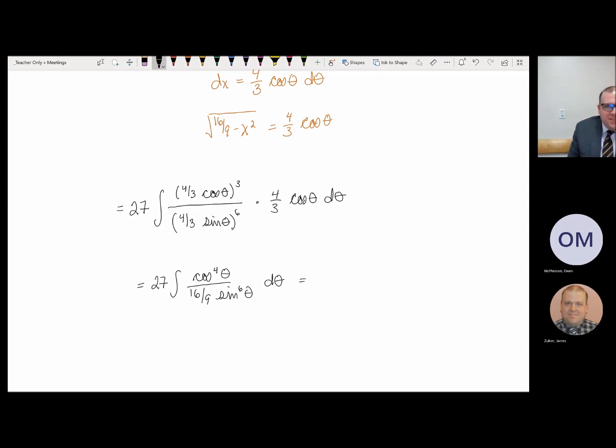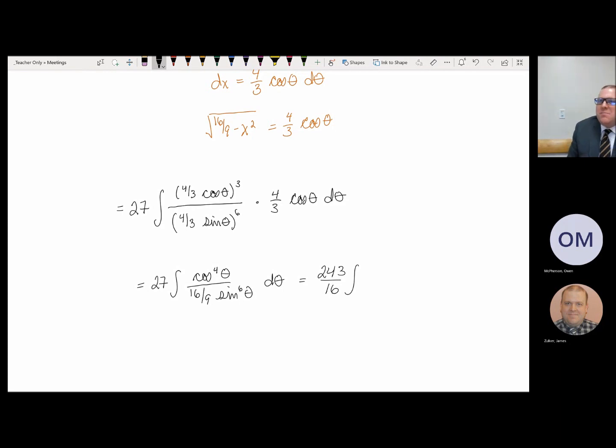Remember, we're multiplying 27 by 9/16. We get 243 over 16 times the antiderivative of cosine to the fourth over sine to the sixth.